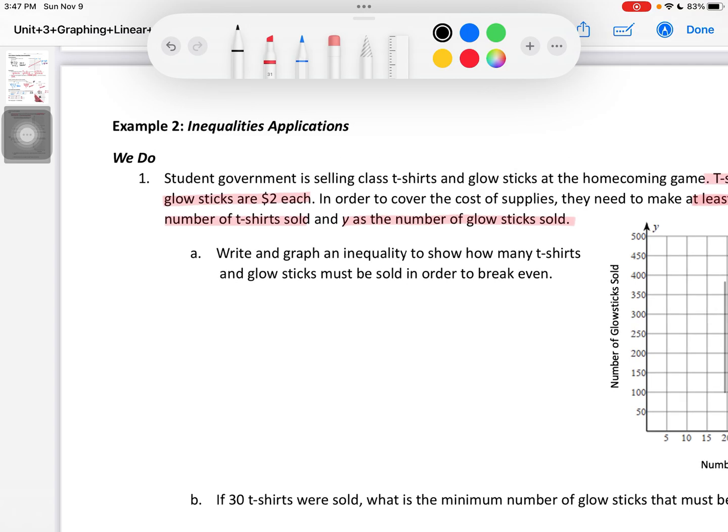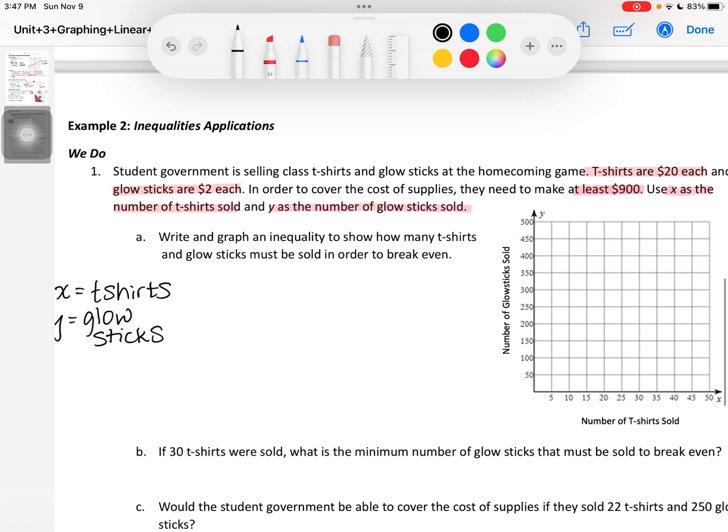So we have X is t-shirts and Y is glow sticks. And we know that t-shirts are 20, so that would be 20x. And we know that glow sticks are 2y, and we need at least $900. At least meaning the price that we pull in is greater than or equal to that 900.